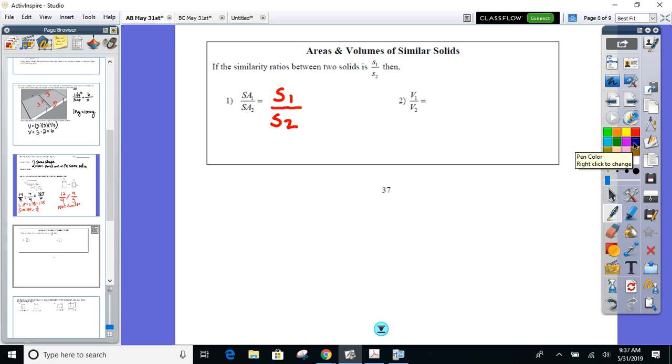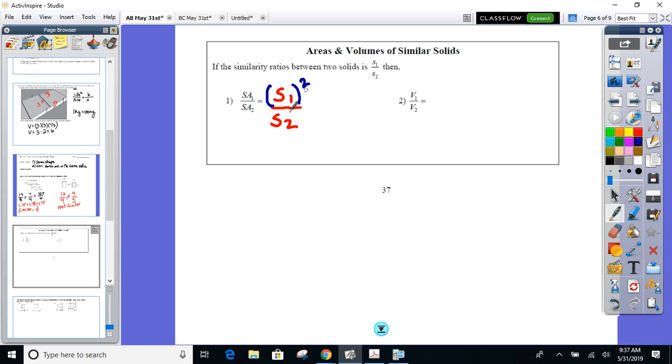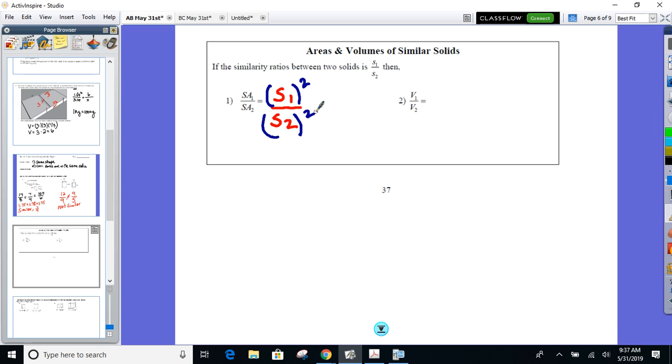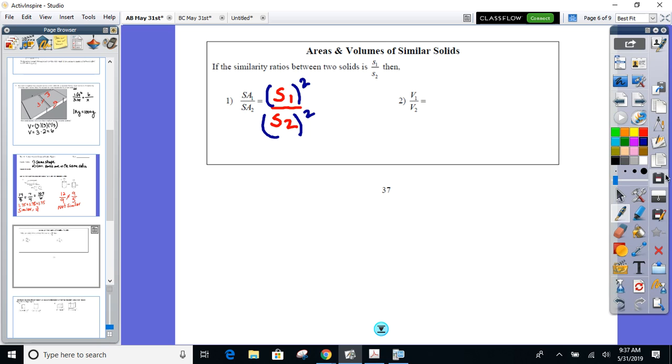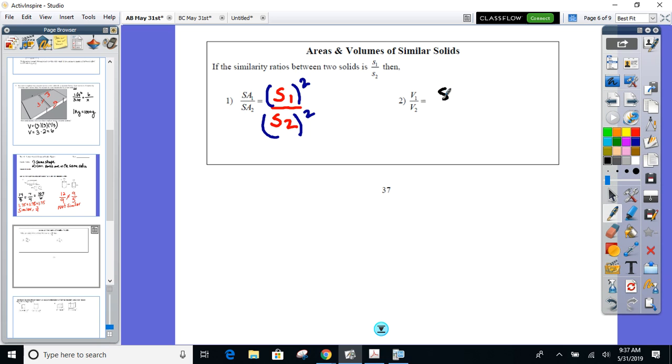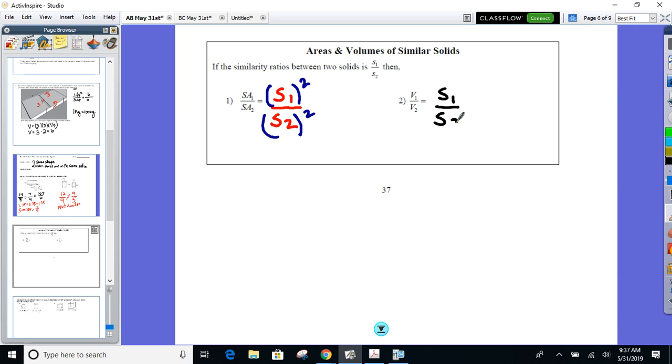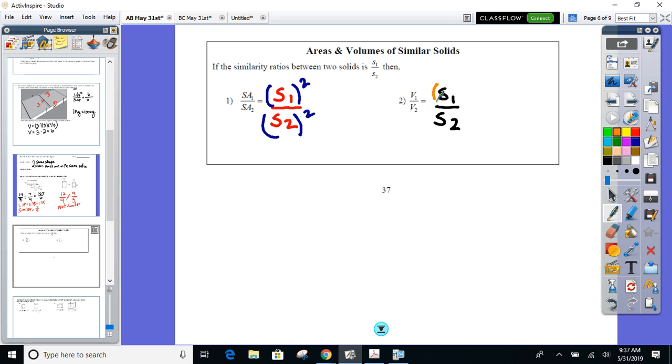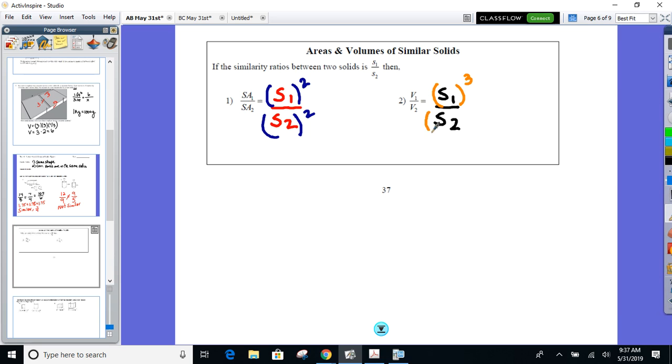Square it. Square them. Then they'll be equal to each other. And how do you think it works for volume? What do I need to do to it? What do I do to this ratio? Cube it. Cube them. Yeah.